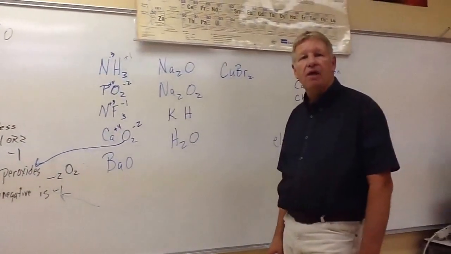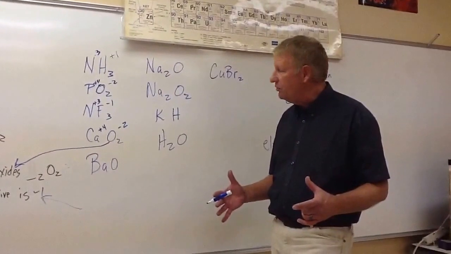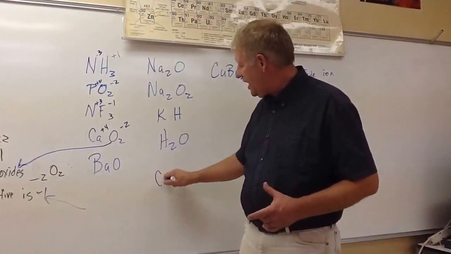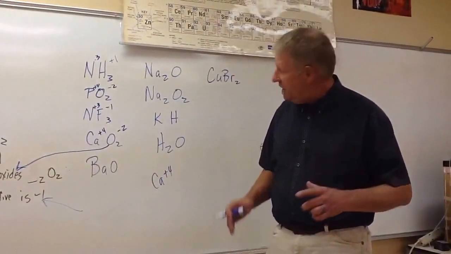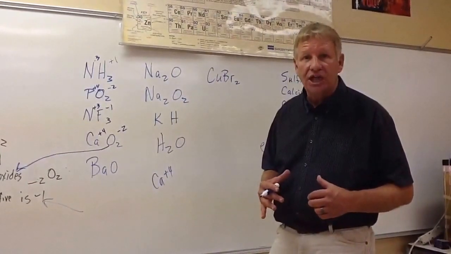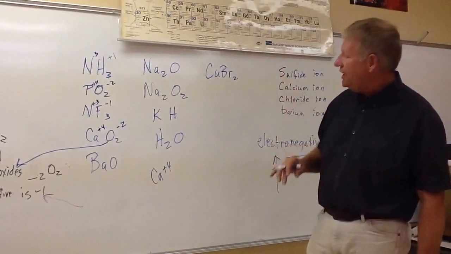Now, what's interesting about that, and we're going to talk about biochemistry later, we teach human anatomy, it's really fascinating. But what does this mean? This is Ca +4. Is that extra electrons or minus electrons? That's minus electrons. That means that calcium is missing 4 electrons in group 2.